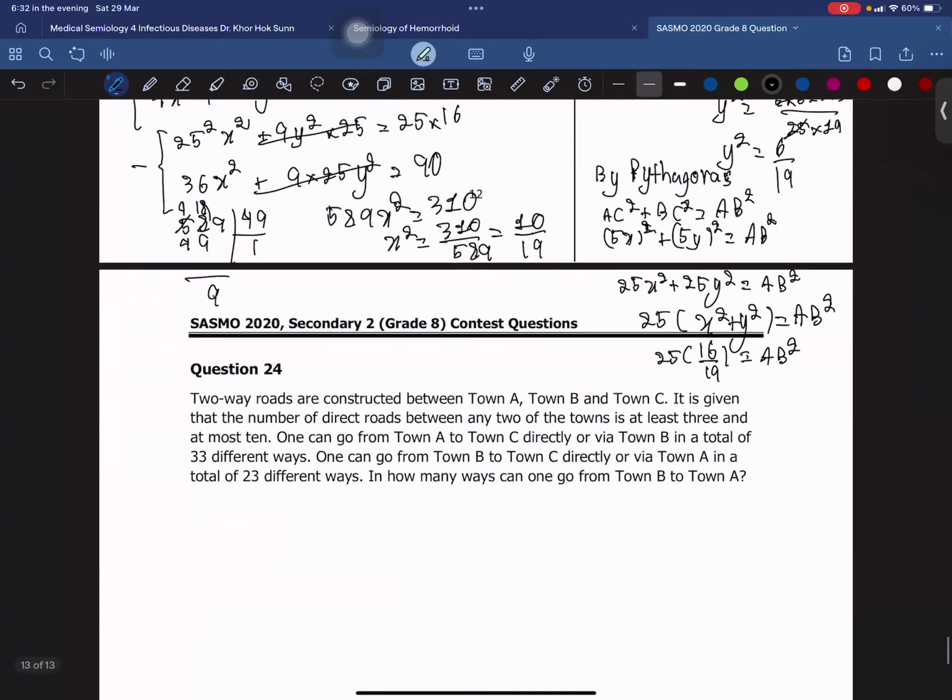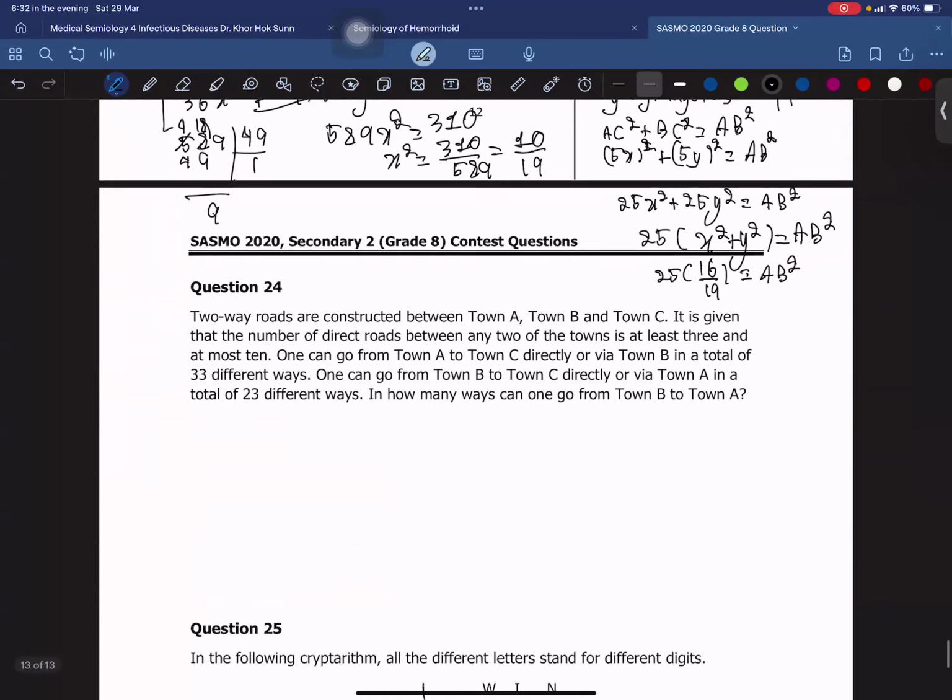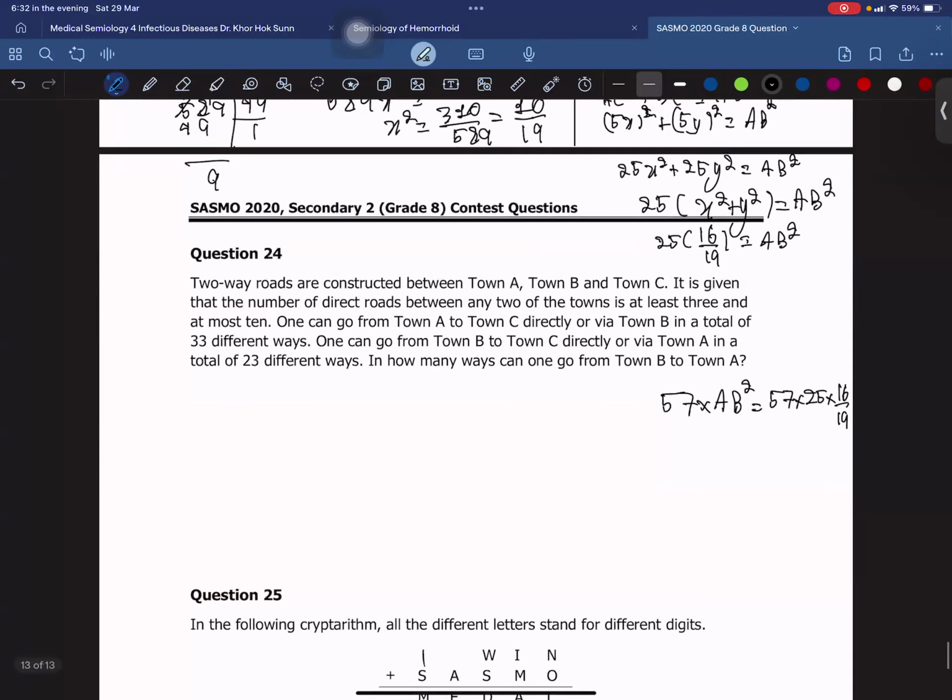Oh, hell no. Okay, so we need to find the value of this. It's gonna be equal to 25 times 16 over 19 times 19. So what is the factor of it? Let's say 19.